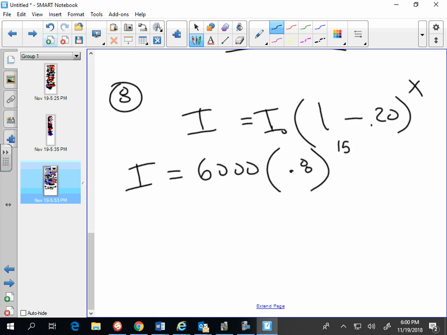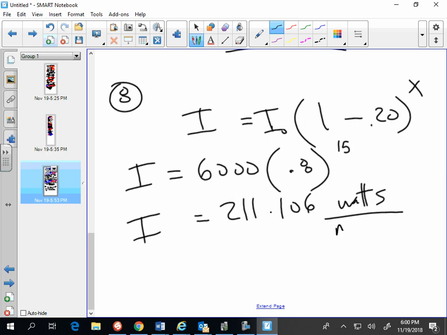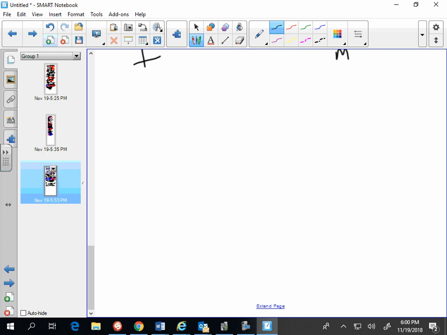The words seemed a little confusing, but the setup was simple enough. 0.8 raised to the 15 power. And so I end up with the intensity would only be 211.106 watts per square meter. All right, that was pretty simple and straightforward. Let's move on to 9.